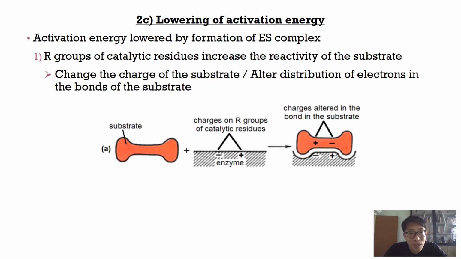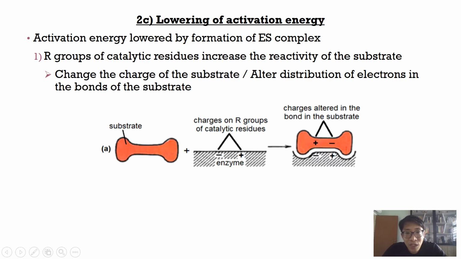An example is this. You have this picture in the notes. The substrate here was originally uncharged, but when it binds to the active site, and because of the change in the shape of the active site, the substrate is brought closer to the catalytic residues.